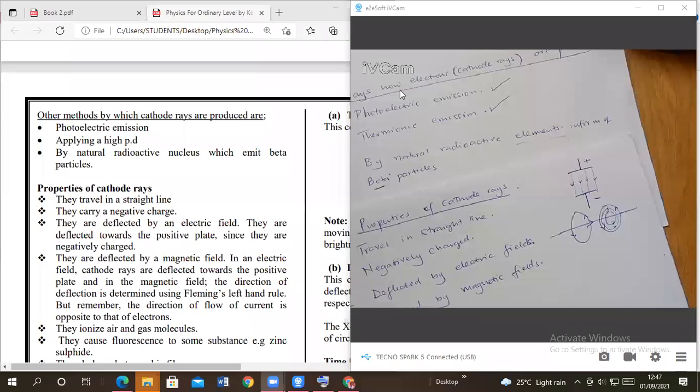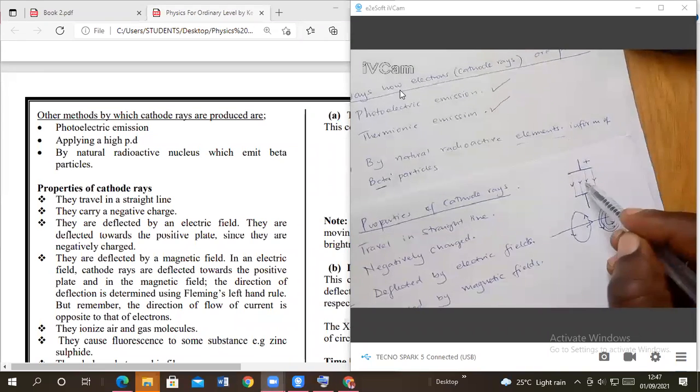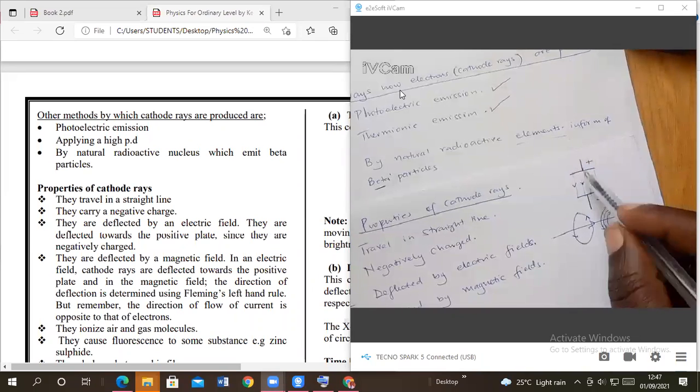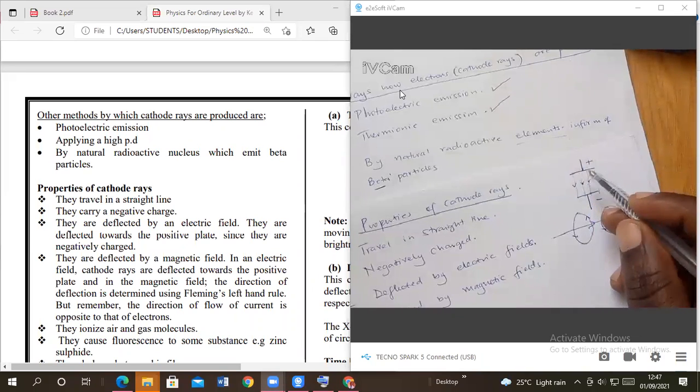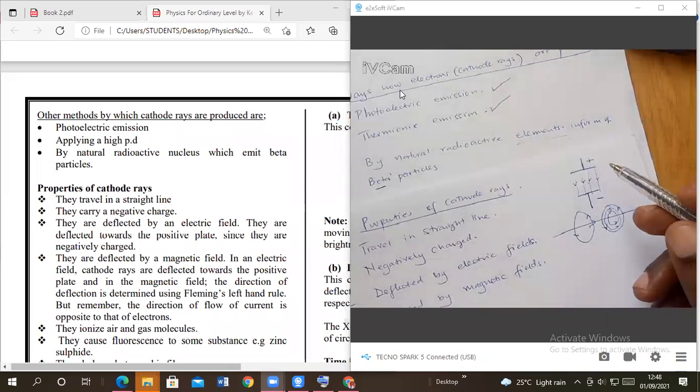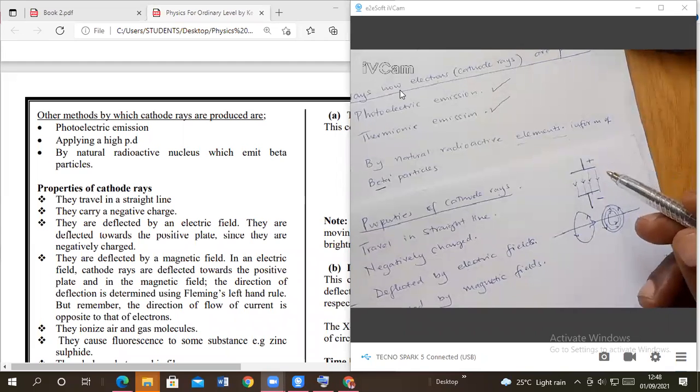If you put an electron here, this electron will be deflected by these electric fields. Maybe it will go to the positive, because that's where the positive terminal is. We know the electron is negative, and it is always attracted towards the positive.